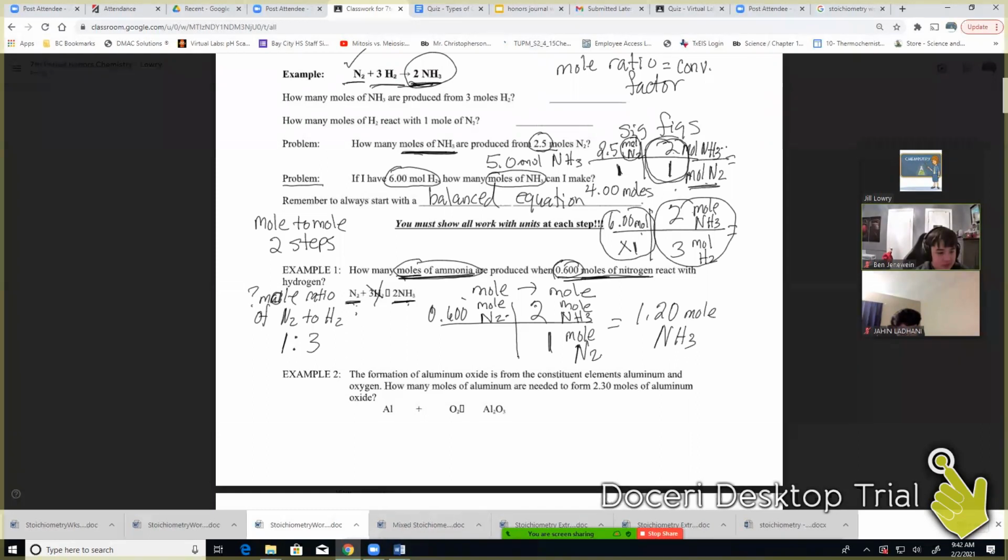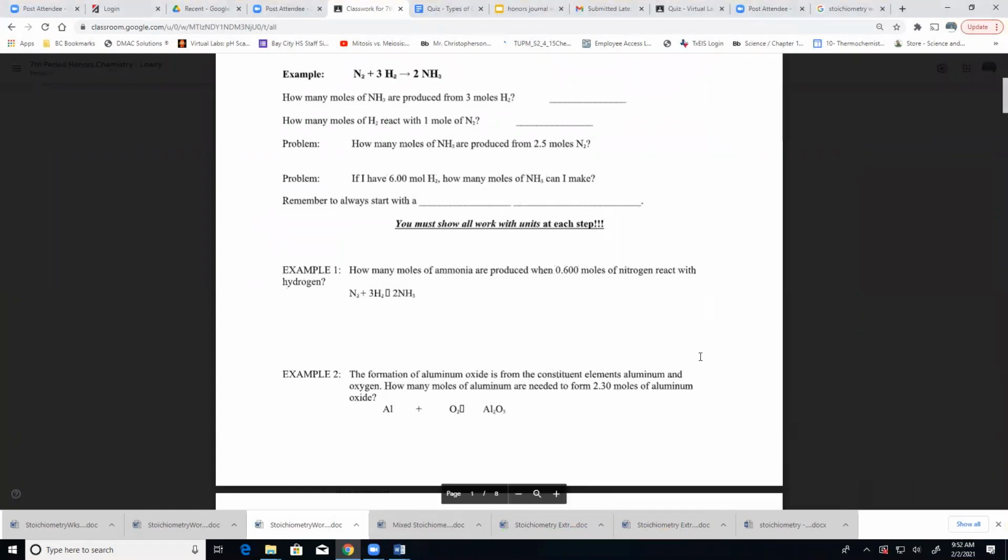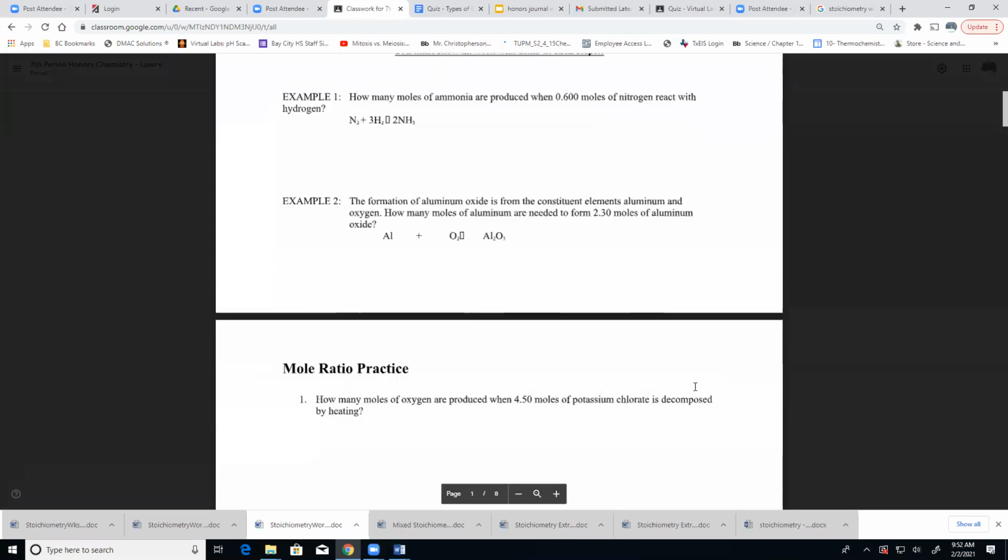Or sometimes you see it written as 1/3. That's not a fraction. That means for every 1 mole of nitrogen, I need 3 moles of hydrogen for this reaction. And that would want to be reduced as small as possible. So in other words, if you happen to have something that was 8/8, you would reduce that to 1/1. And there's some of those on your practice. All right, let's look at, got one more here.